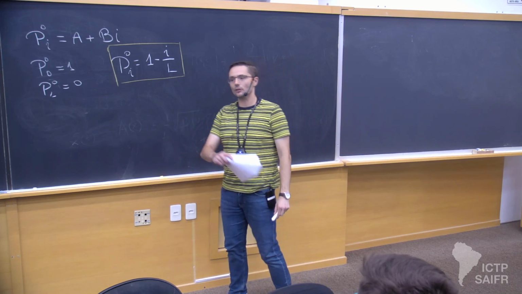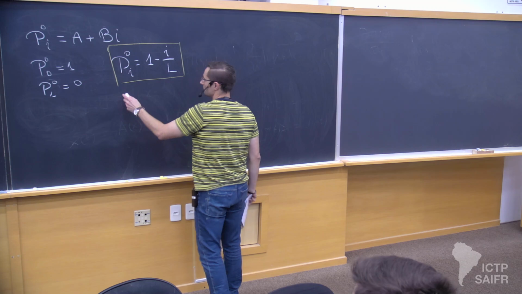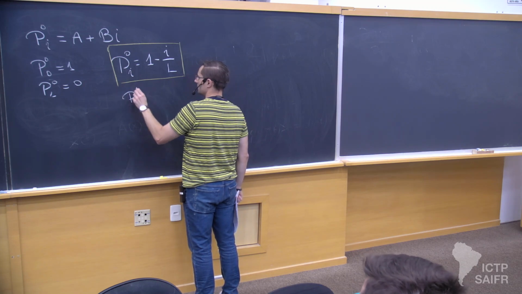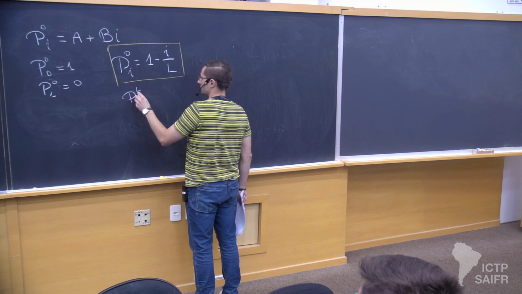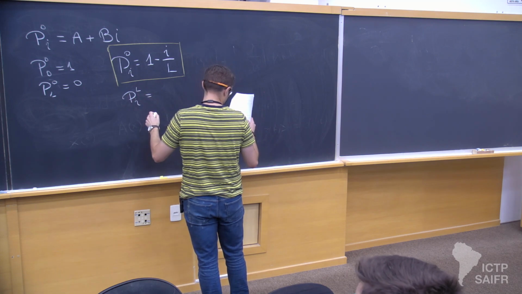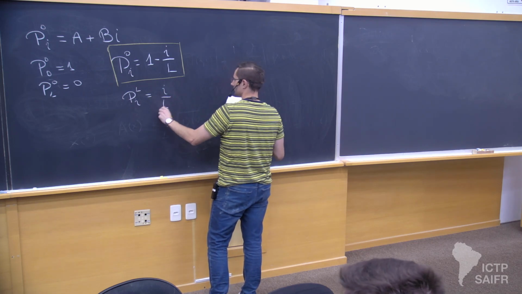Well, I could do the same exercise with L, and then you get a different result, and then just applying the conservation of the total probability, the probability of hitting L starting from I is I divided by L, of course.